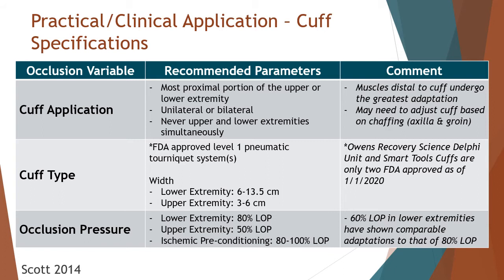The occlusion pressure: for the lower extremities, you should be using 80% of your limb occlusion pressure. For the upper extremities, 50%. Ischemic preconditioning uses the highest amount of pressure at 80 to 100% of limb occlusion. Keep in mind that 60% in the lower extremities and 40% in the upper extremities have been shown to produce adaptations comparable to the 80% and 50% limb occlusion pressure in the lower and upper extremities respectively.